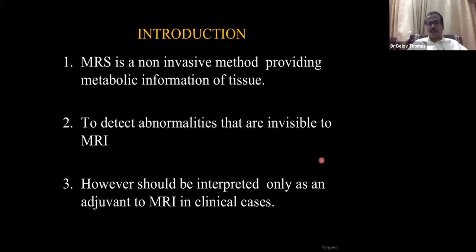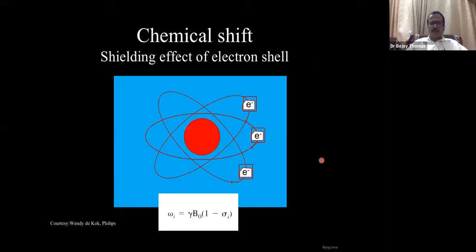Having said that, it has significant limitations, especially when you are not giving enough attention to technique and how optimally spectroscopic imaging has to be done. It is always used as an adjunct to MR imaging.